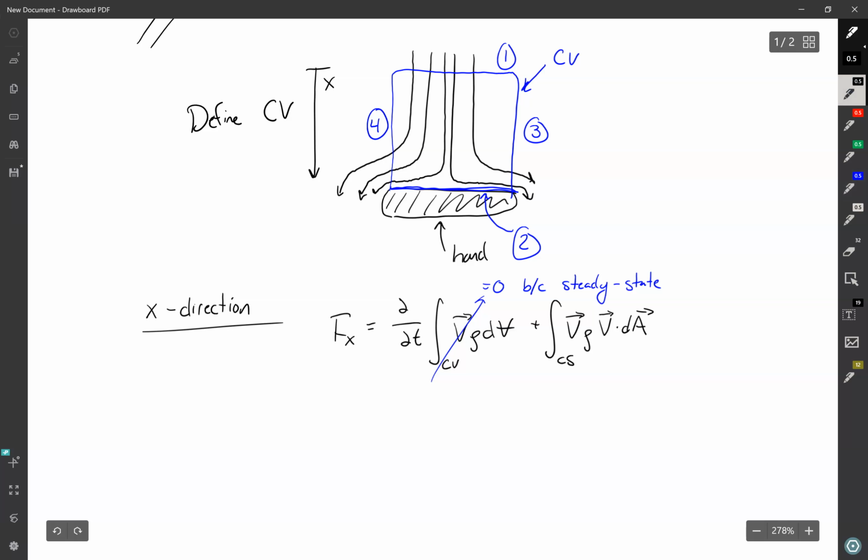You'll hear me say this quite a bit, but we're typically in this class only interested in the steady state solution because the time-dependent ones get to be pretty complicated. So we're interested in the steady state solution.